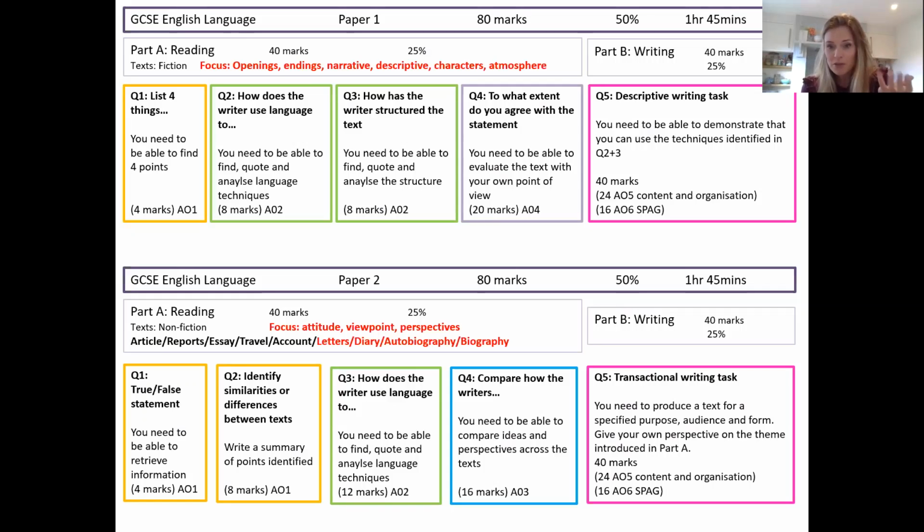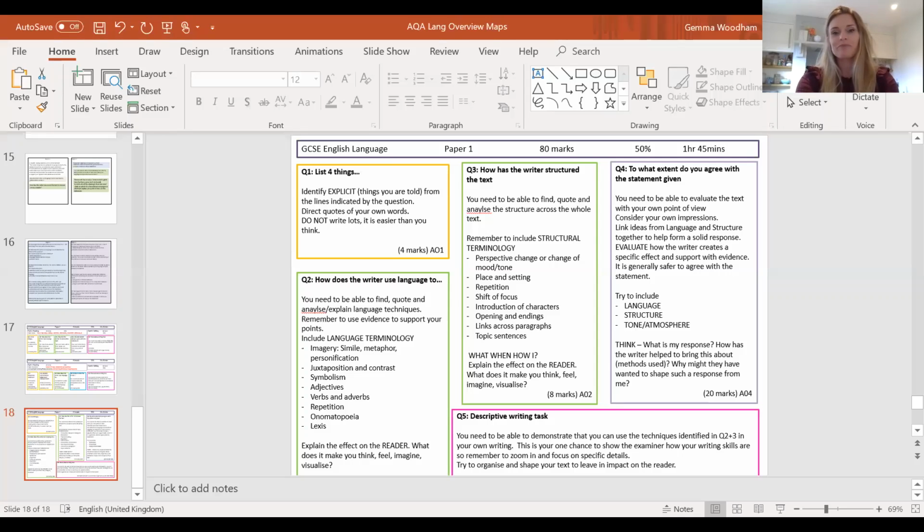And then for paper 2 at the bottom, question 1, 2, 3, 4, 5. So this is a nice little reminder of exactly what I need to be doing, exactly what I need to focus on. And there you go. That, ladies and gentlemen, boys and girls, is AQA Language Paper 1 and 2 in a nutshell.